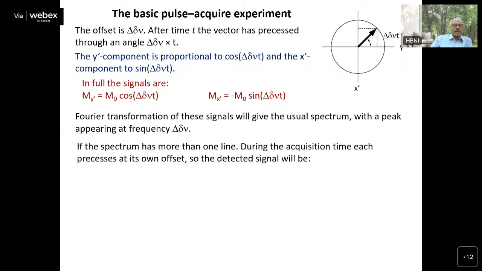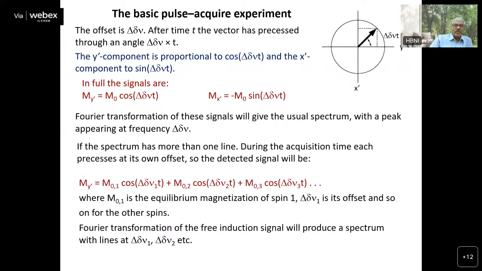Now if you have more than one line in the spectrum, what you do at the beginning is bring the z component magnetization along the y prime axis by applying a pulse, and then if you switch off the radio frequency field, all these nuclei will start moving in the xy plane as per their offset frequency.